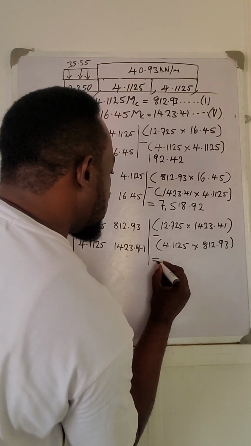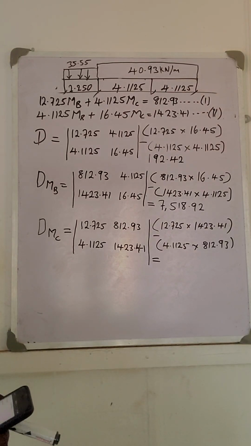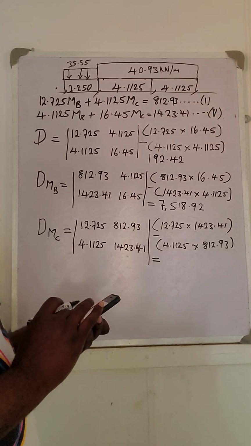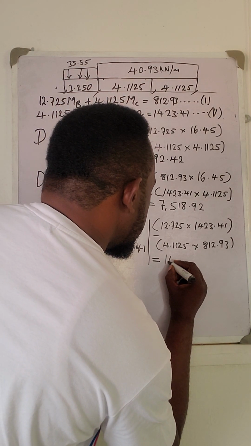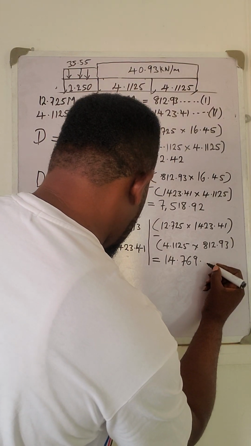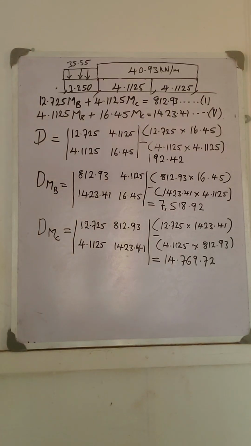When you compute that, we have 14,769.72. All right. Now we're almost there.